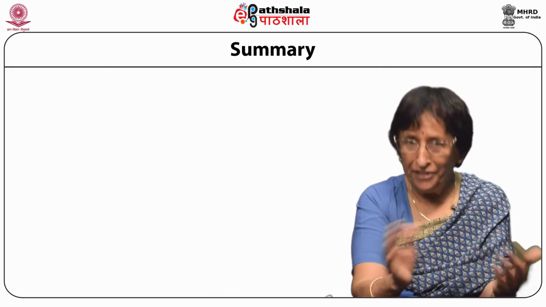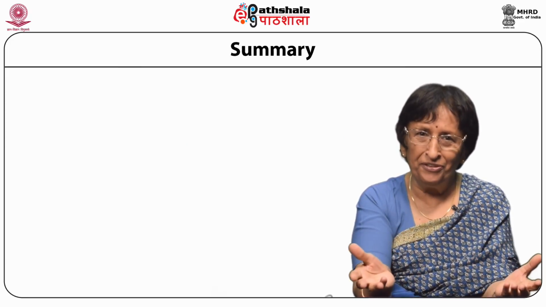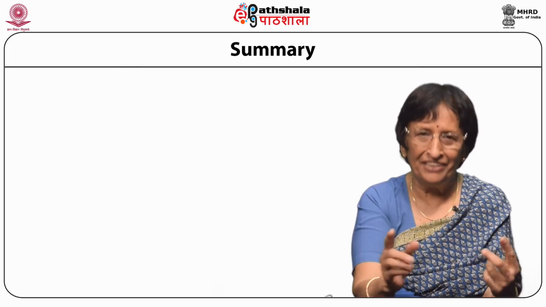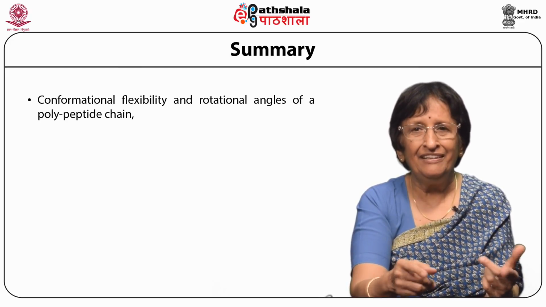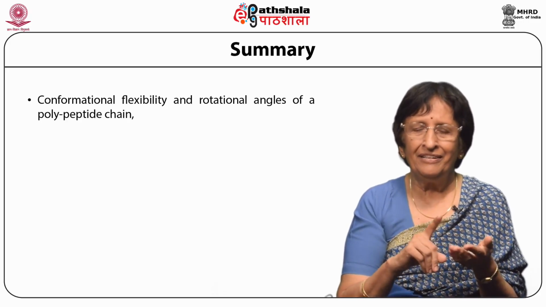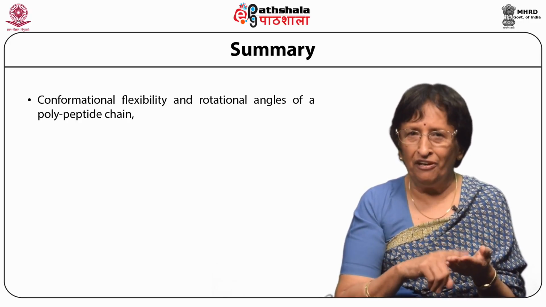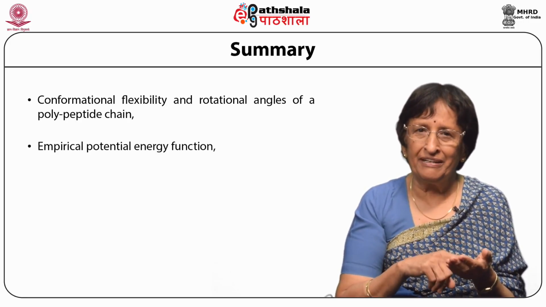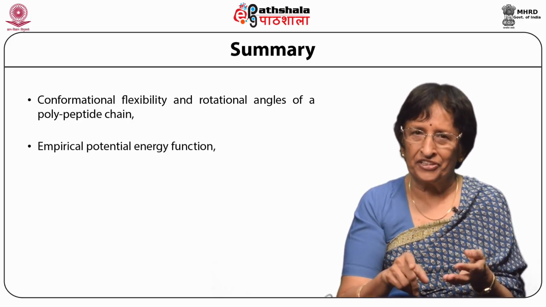So, what have we learned today, students? In today's module, we have seen first the conformational flexibility and rotational angles in a polypeptide chain. Second, we saw what an empirical atom-atom additive potential energy function is.